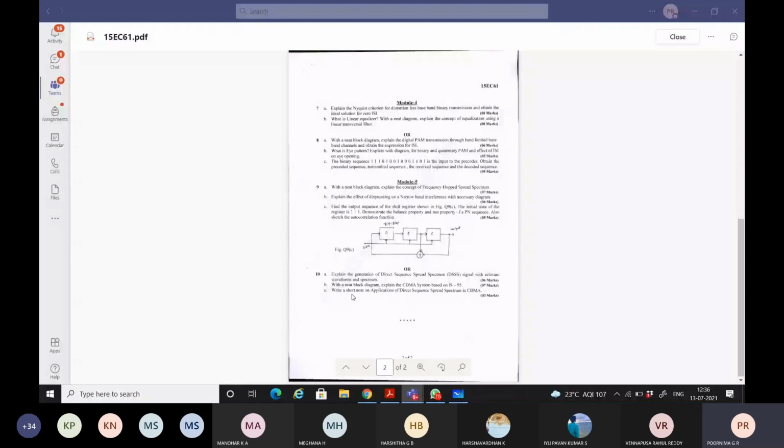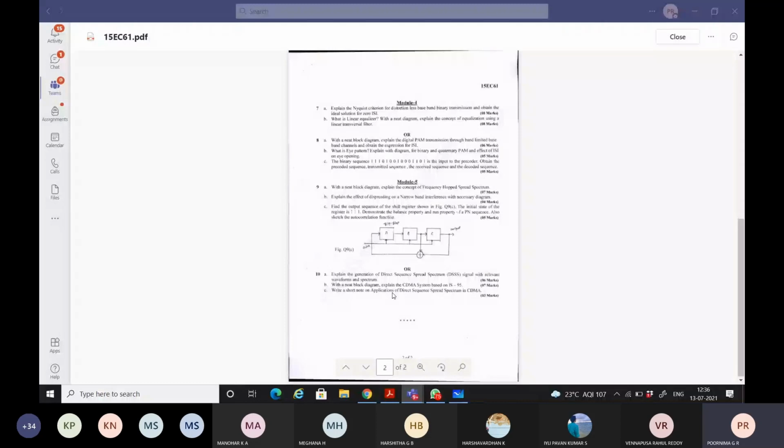And the next question, the 10th question: explain the operation of a direct sequence spread spectrum signal with relevant waveforms and spectrum. That is for 6 marks, you can answer easily. One of the applications of spread spectrum is code division multiple access based IS-95, explain that with a neat diagram.